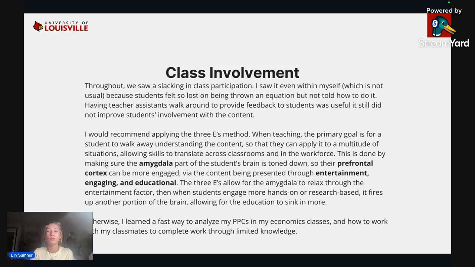So when that is up, it's kind of like a guard wall, and then it doesn't allow their prefrontal cortex to be fully engaged. So that's why I think the 3E method with content in a classroom is very, very effective. It means that the content is presented through entertainment, engaging, and educational.